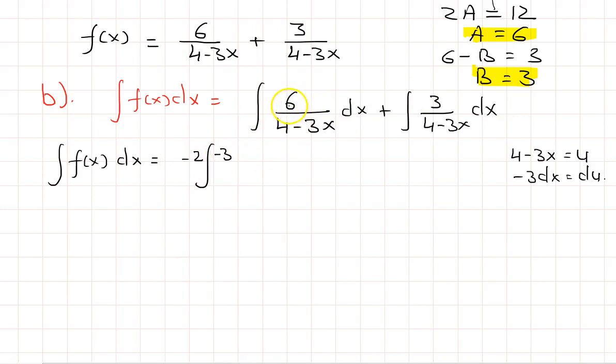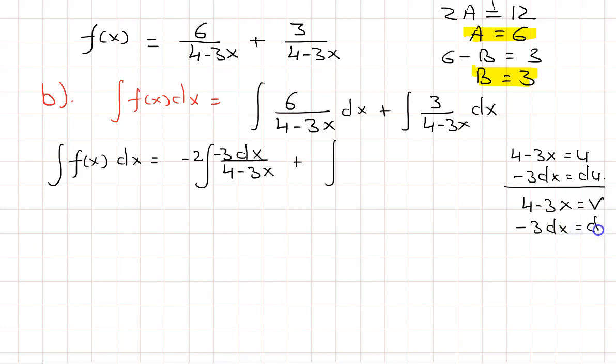So 6 can be written as minus 3 times minus 2 dx over 4 minus 3x plus. Second is, 4 plus 3x is v, so 3 dx is equal to dv.